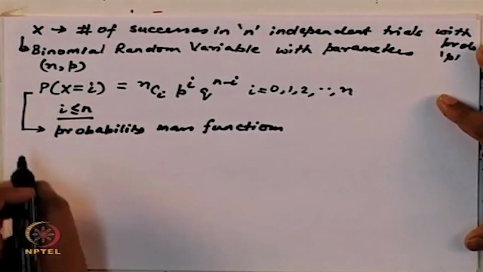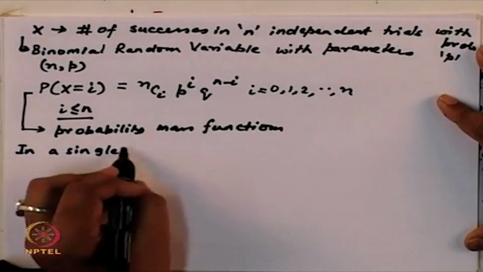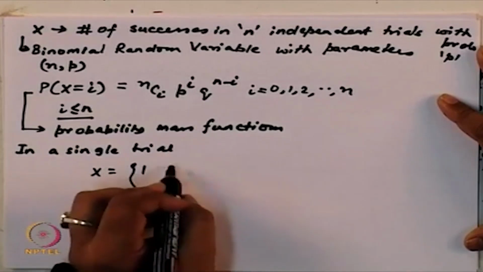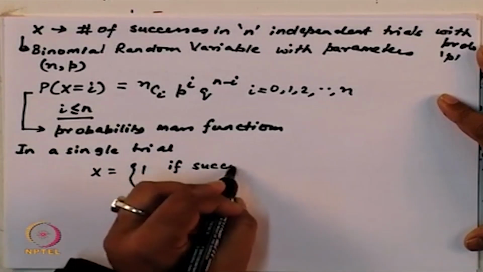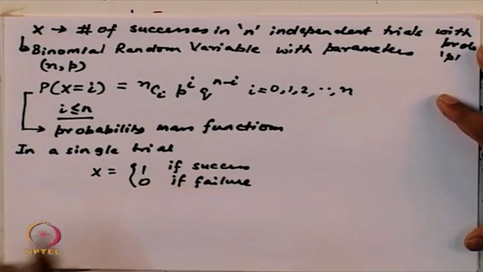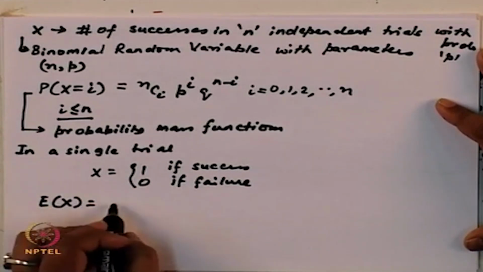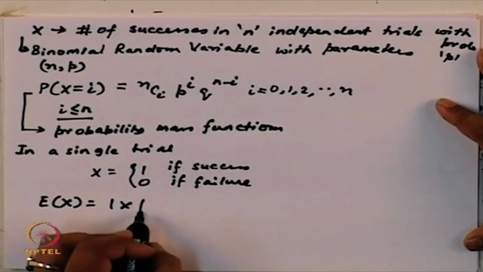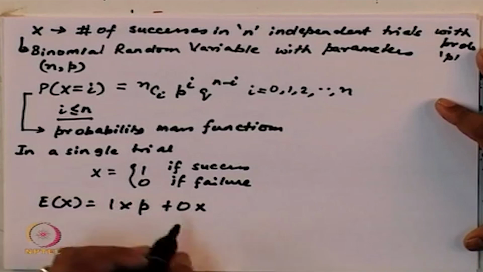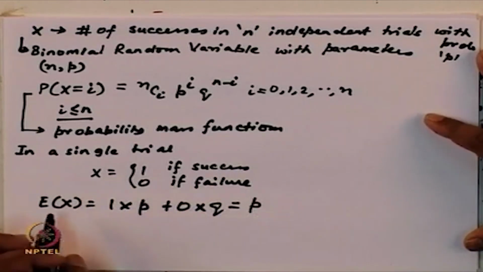Now, in a single trial, let us say x equal to 1 if success and 0 if failure. What is the expected value of x? Expected value of x is 1 into probability of success, which is p, plus 0 into probability of failure, which is q, is simply equal to p.